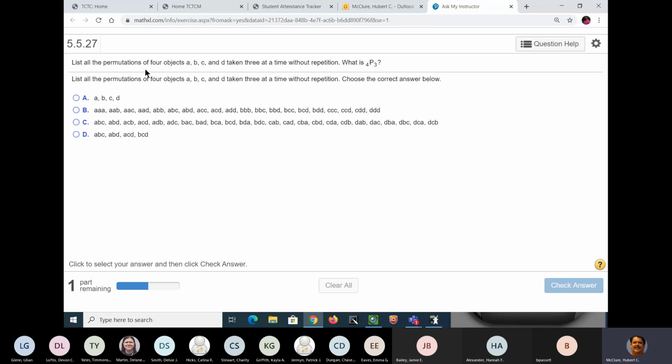List all the permutations of 4 objects, A, B, C, and D, taken 3 at a time without repetition. Okay, let me see if I'm reading this question right. So that would be 4 permutation 3.